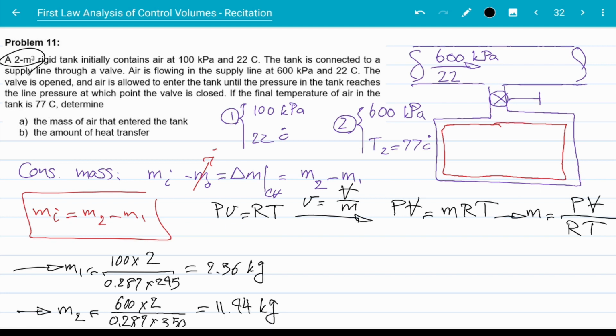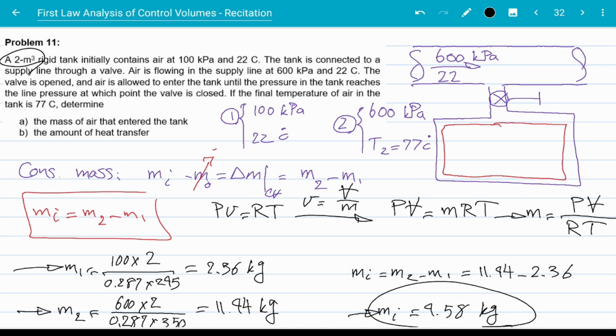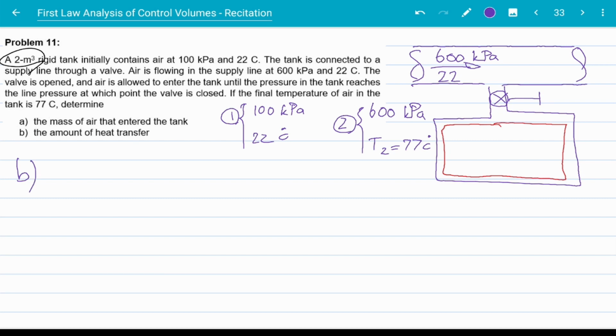And the amount of mass entering is M2 minus M1, which is 11.94 minus 2.36. Mi is 9.58 kilograms. So this was part A. For part B, we are going to write down the first law.